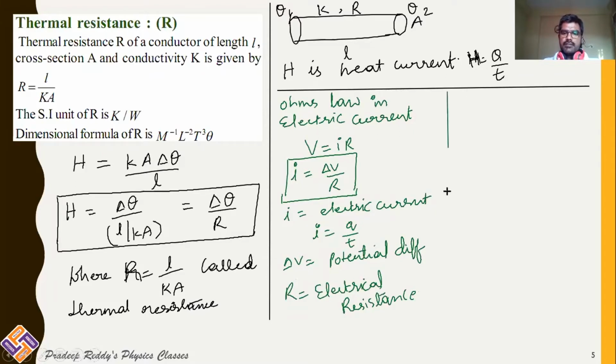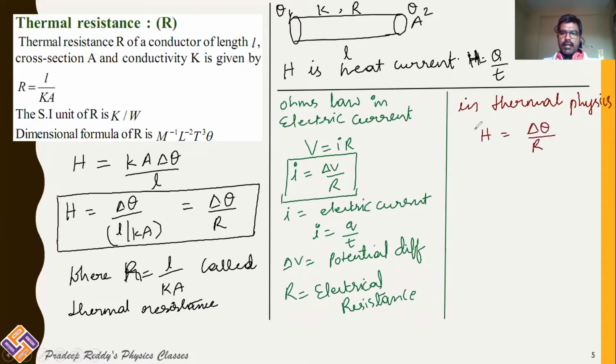Similar to this, we also have thermal resistance. In thermal physics, we can write H is equal to delta theta divided by R, where H is heat current.